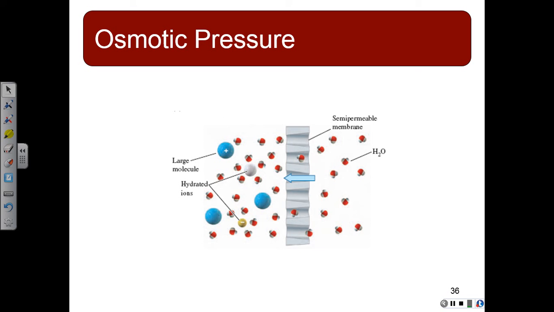Yeah, it could be. That's more, you don't have a membrane in that. That's actually just absorbing the water because you're placing it on the water. This is talking about if you have a membrane like your skin or a cell membrane, and on one side you have a concentrated solution, on the other side you just have water.